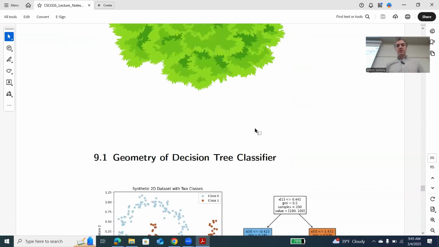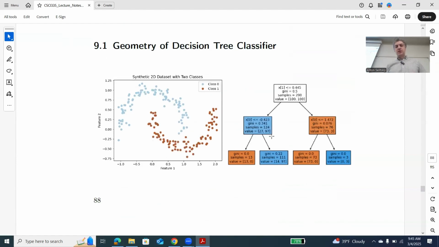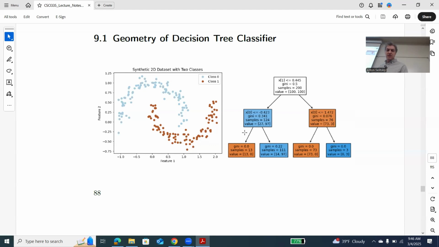So this is how it looks in scikit-learn. It learned somehow. We will learn today how to choose the decision rule. The first split should be done along variable x1, so along this axis, with value 0.44. And let's look at the result.